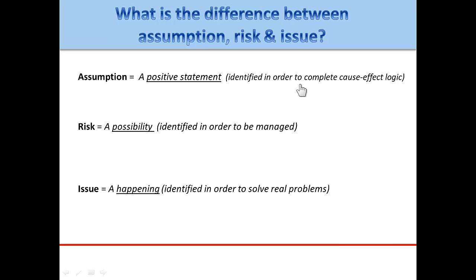An assumption is a positive statement that is identified in order to complete the cause and effect of the logic in the log frame. A risk is a possibility that's been identified so that it can be managed. It's something that could happen in the future. A risk is usually negative. When a risk becomes a reality and is happening, then it's called an issue.